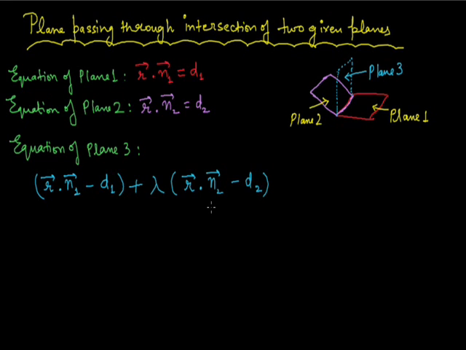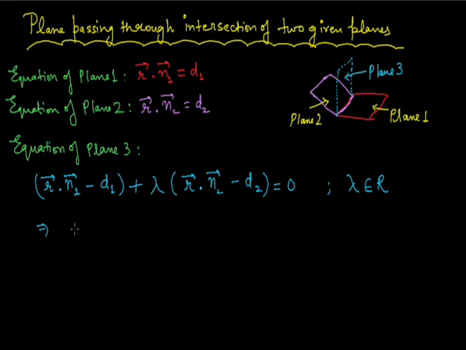This is the equation of plane 2 taking everything on the LHS, equals to 0, where lambda is some real number. So this is the equation of the required plane 3 in vector form.